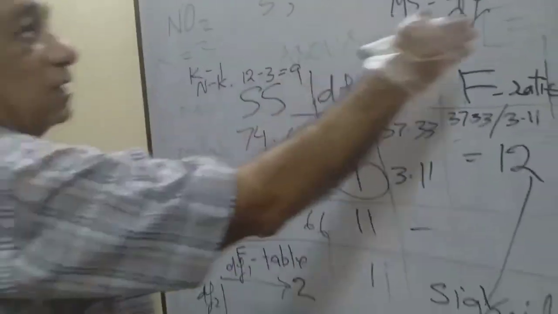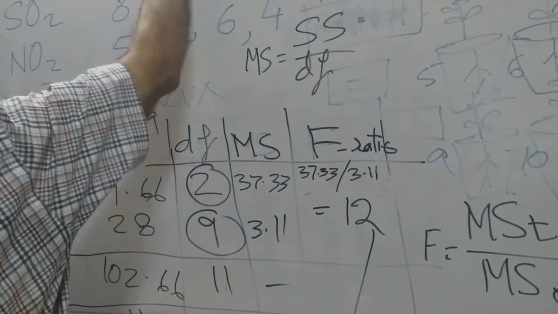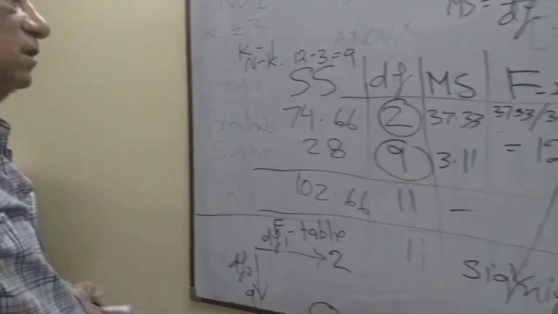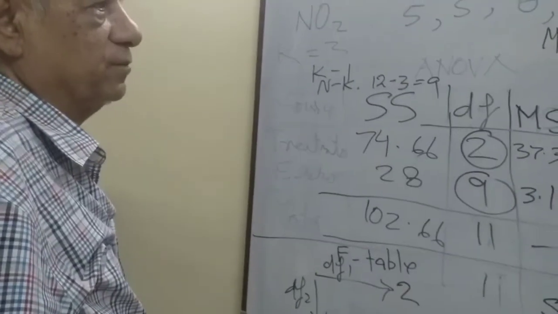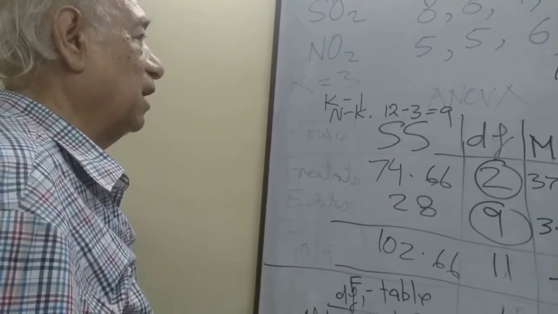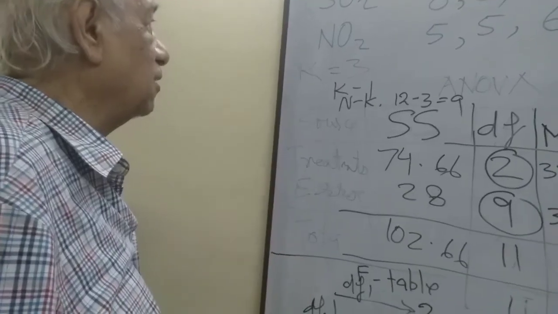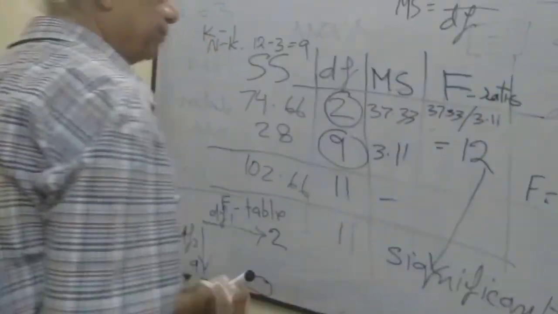The values are actually height of plants in centimeters. So the average value is much higher for the control which is not treated. Average value is 11, right?